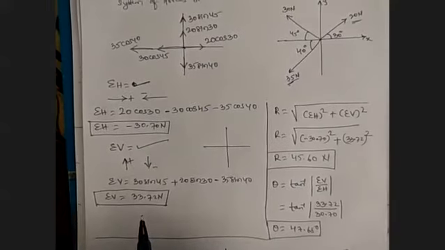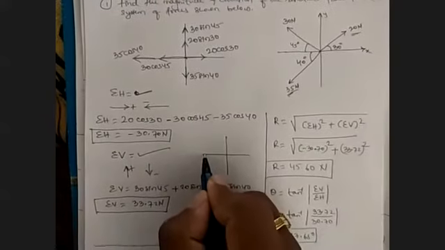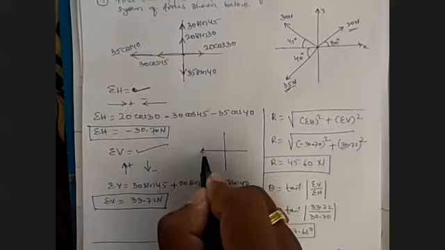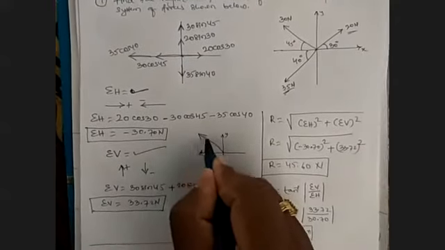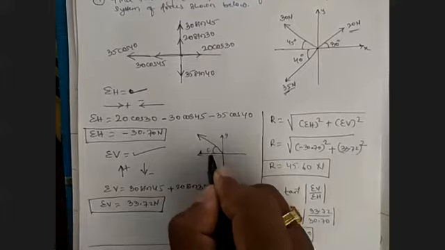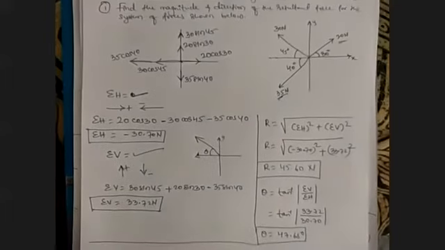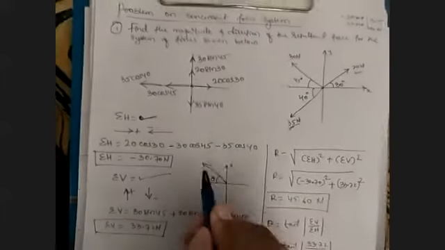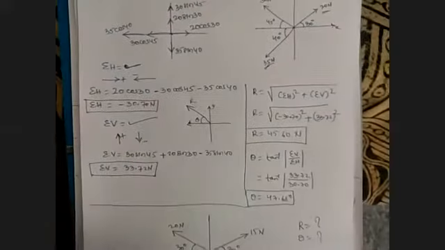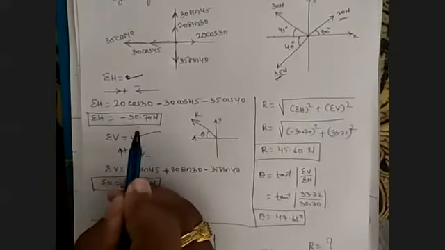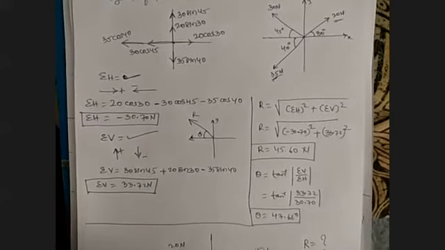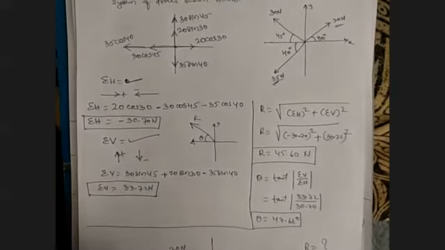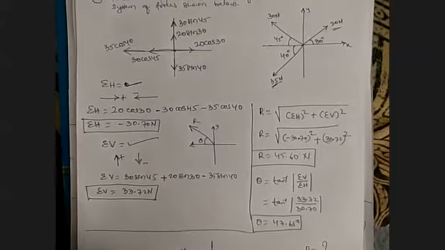The negative x-axis lies here, negative X and positive Y. Means our resultant lies in the second quadrant, making an angle theta with respect to X. If someone asks you to locate the resultant for this problem, this is how we need to look at it. Based on the values of summation of H and summation of V, we need to decide in which quadrant the resultant lies, whether first, second, third, or fourth.